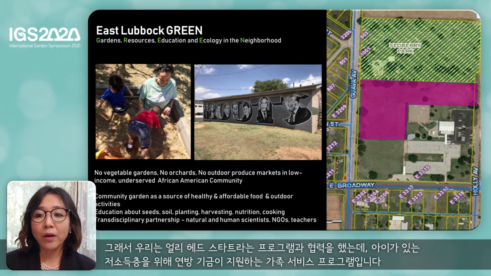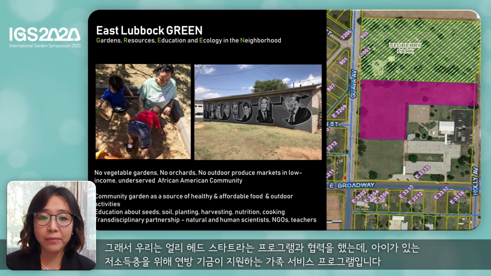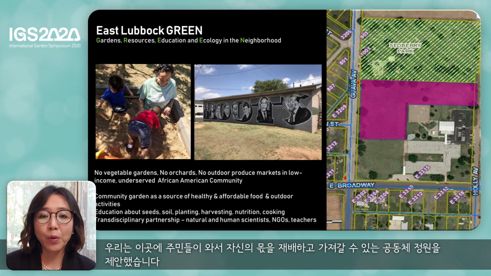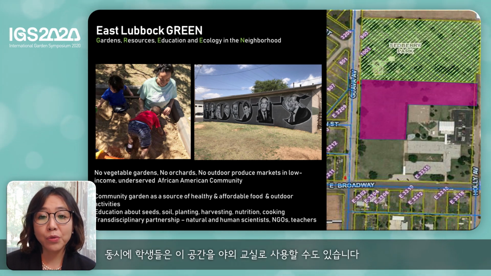And so we worked with Early Head Start program, a federally funded family service program for low-income families with young children. We proposed a community garden in their yard so that residents can come and grow and get their share, while school kids use it as an outdoor classroom.